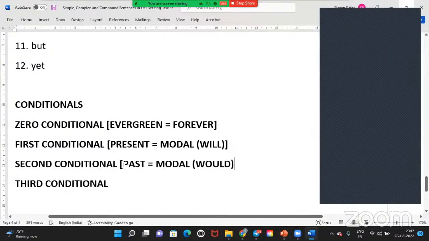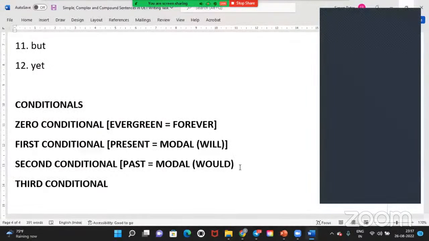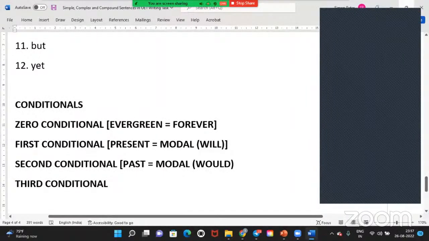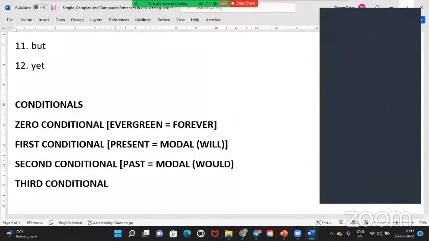Past tense. But he did not come, so I did not help. That is the meaning. This is negative. If he helped me, I would remember him. So he did not help me, I will not remember him. That's all.